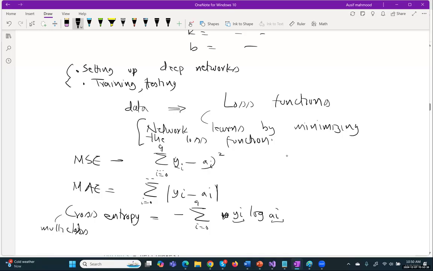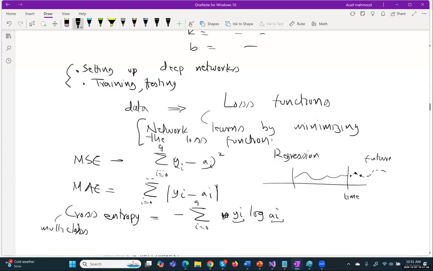So we talked about it if it is a regression type of problem. For example, you are given some stock market data up to a certain time point, and you want it to predict the future. Like next day, what will be the price? 2 days later, what will be the price? 3 days later, what will be the price of a stock, right? So here, as you can see, the output is continuous, right?